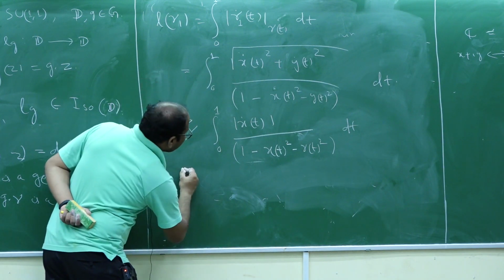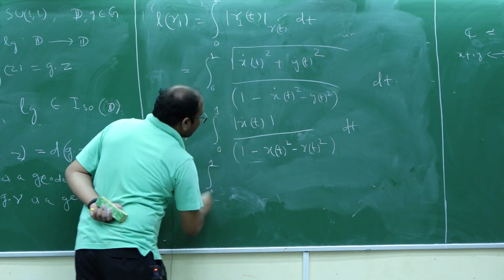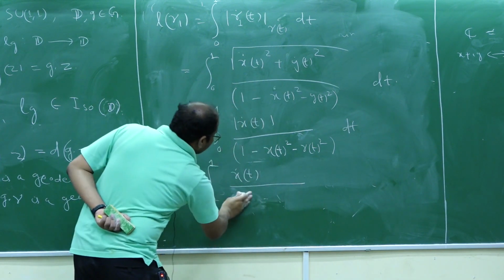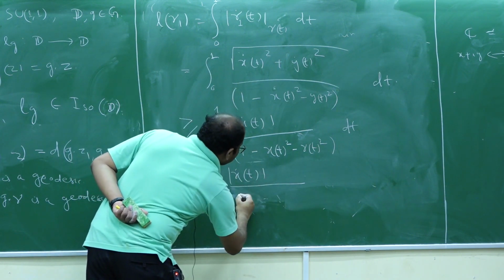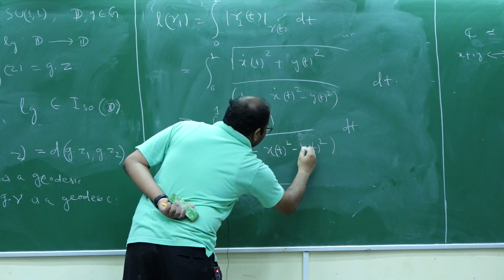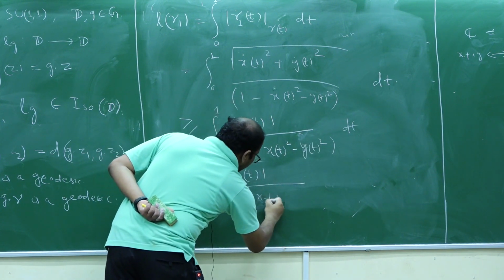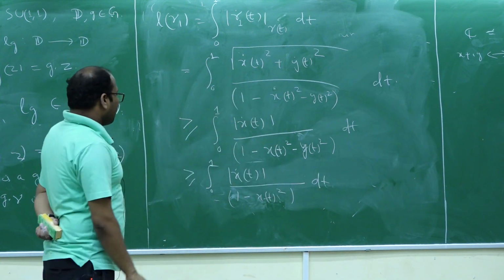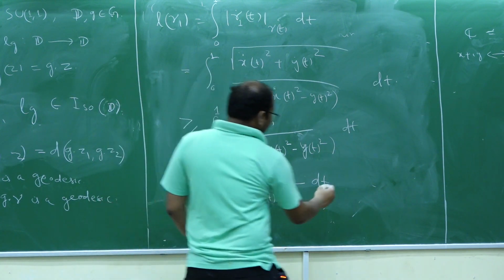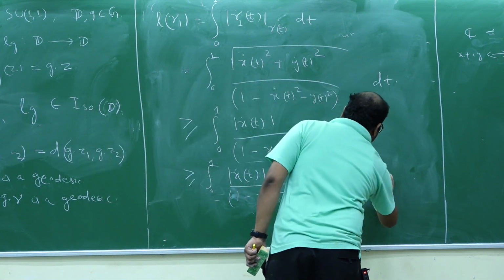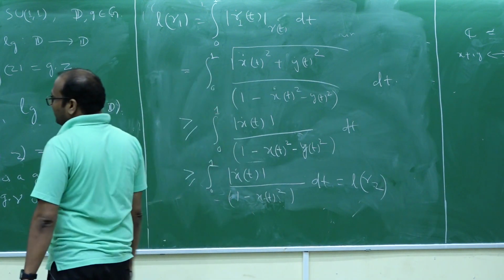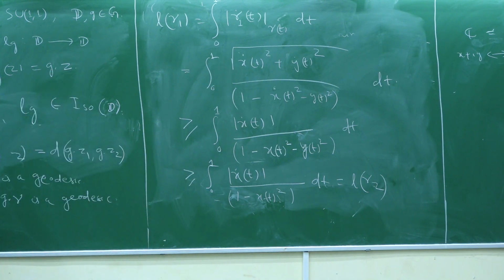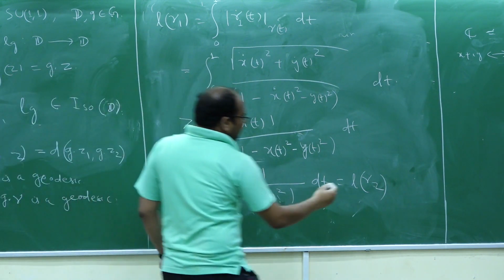Now this is certainly greater than or equal to the integral from 0 to 1 of x dot(t) over 1 minus x(t) squared. And this is nothing but your length of gamma 2, right? By definition. And this length of gamma 2 is equal to the length of gamma. So this is the length of gamma.